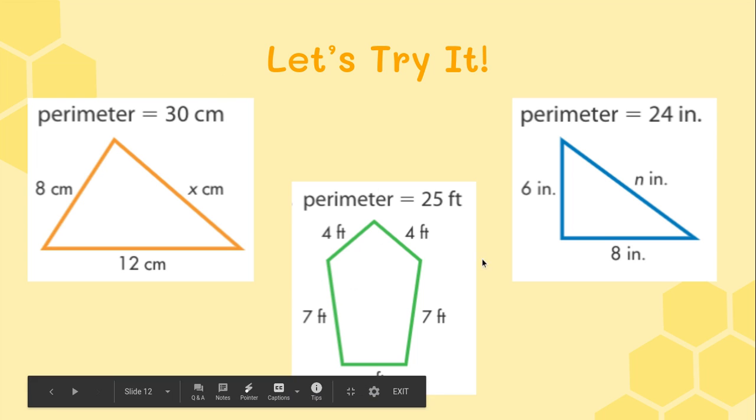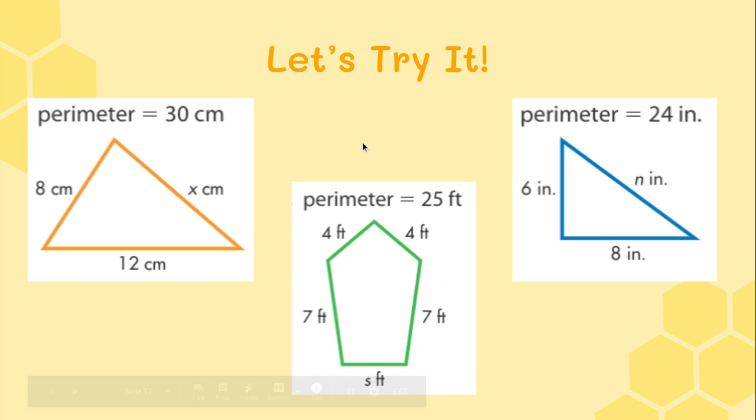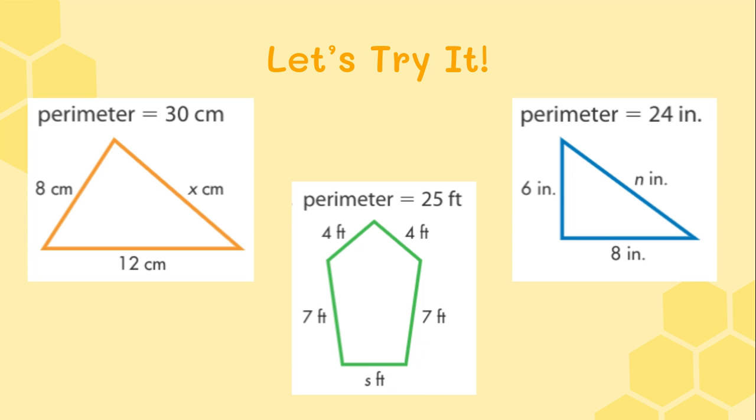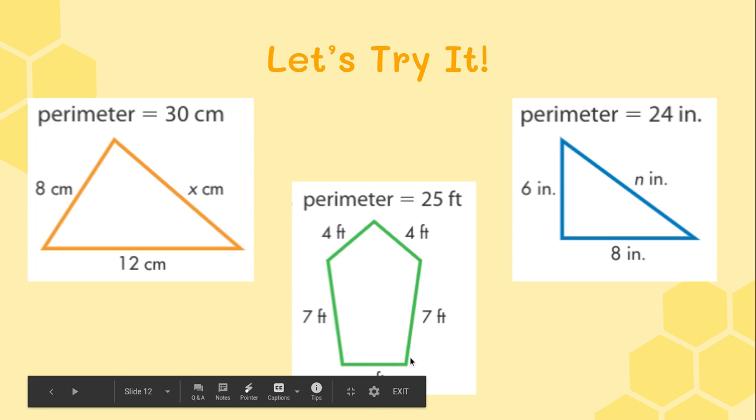Okay, let's do this green pentagon shape. The perimeter that they're giving me is 25. Now I have to add up all the sides that I do know, which is 4 plus 4, which equals 8, plus 7, so I'm at 15, plus 7. Now I'm at 22, and then this is my missing side. Instead of being represented by an X, it's represented by an S, which is fine.